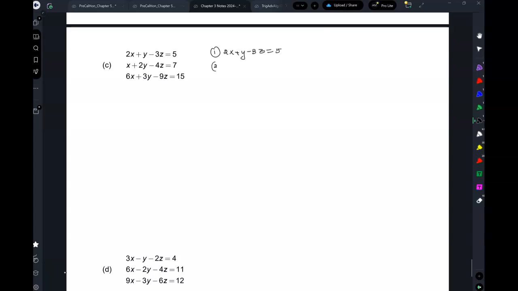Then the second one, I'm going to multiply by negative 2. So negative 2x minus 4y plus 8z is equal to negative 14. Adding gives negative 3y plus 5z is equal to negative 9.